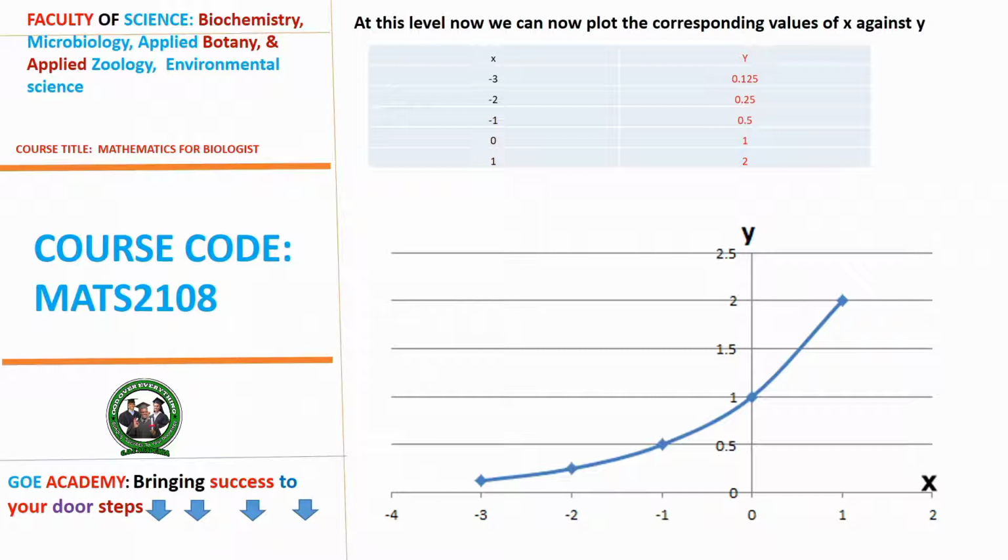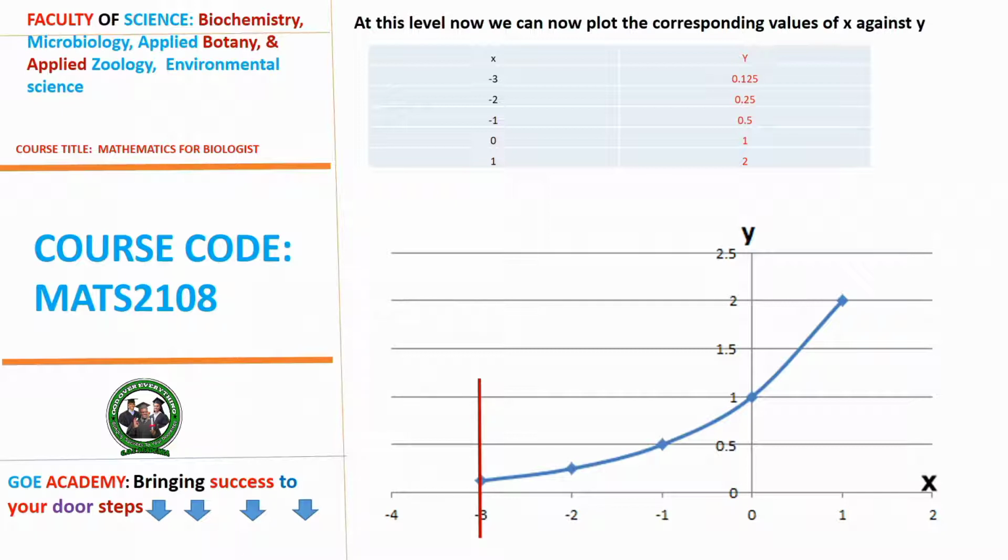The very first thing, observe that the first value of x on my table is -3, right? So I simply go to my x-axis, which I've labeled, and I draw a vertical line on -3. The corresponding value at -3 is 0.125, which is on y. So I go to my y-axis and I draw a horizontal line where I have 0.125.